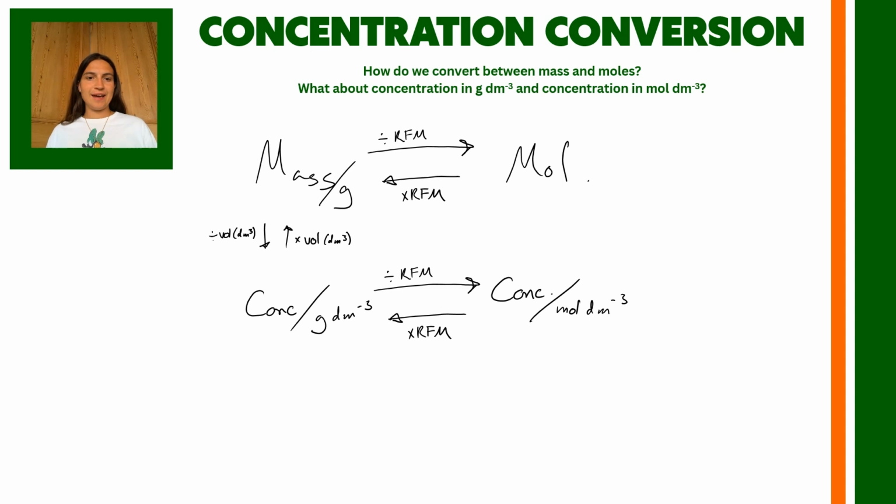Just to add in here as well, remember when you're going from mass into concentration, you're dividing by the volume, or concentration to mass, you're multiplying by the volume, and it's exactly the same whether the concentration is quoted in grams per decimeter cubed or moles per decimeter cubed.